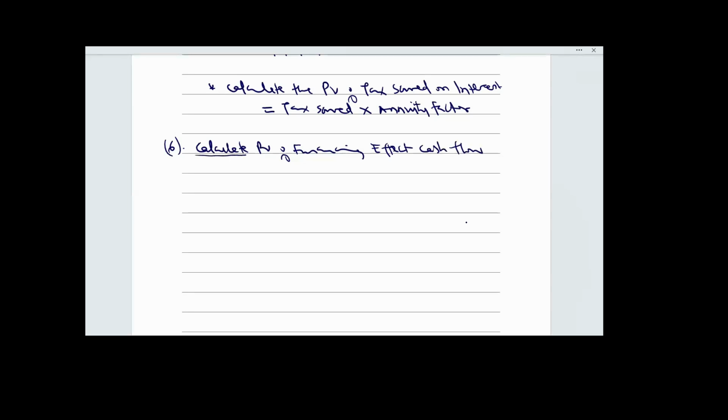How do you do this? You've already calculated each component of the financing effects. Therefore, you go ahead and pick the PV of issue cost you have calculated in step 3. You put it here. You also pick the PV of net subsidy.